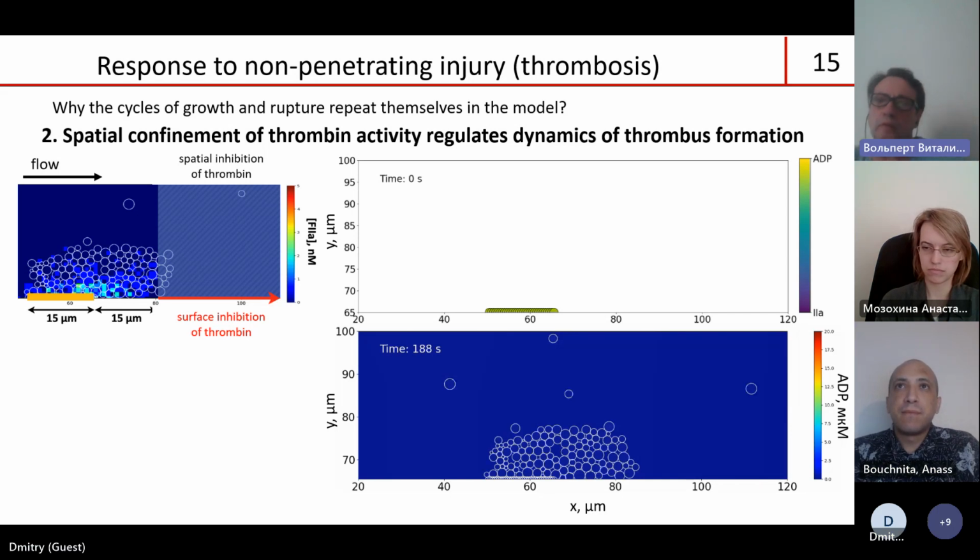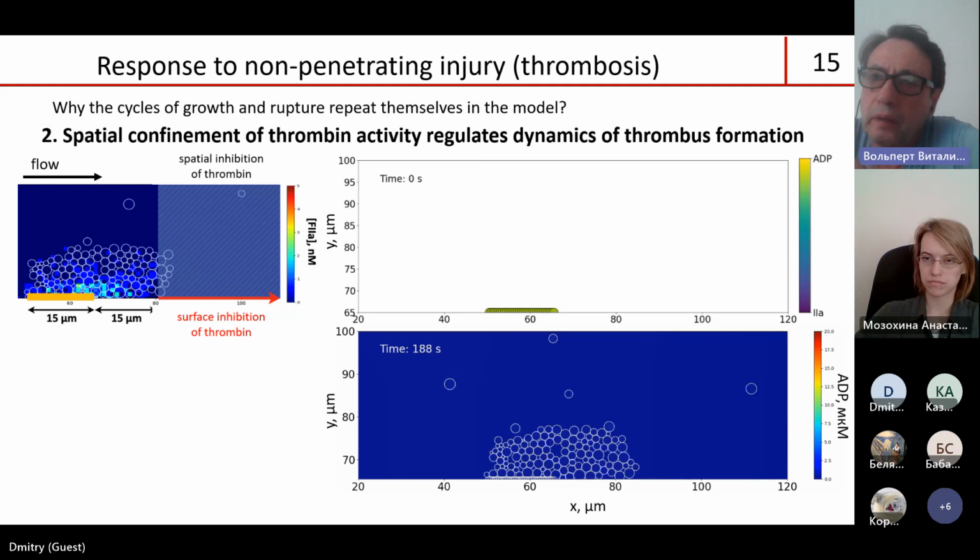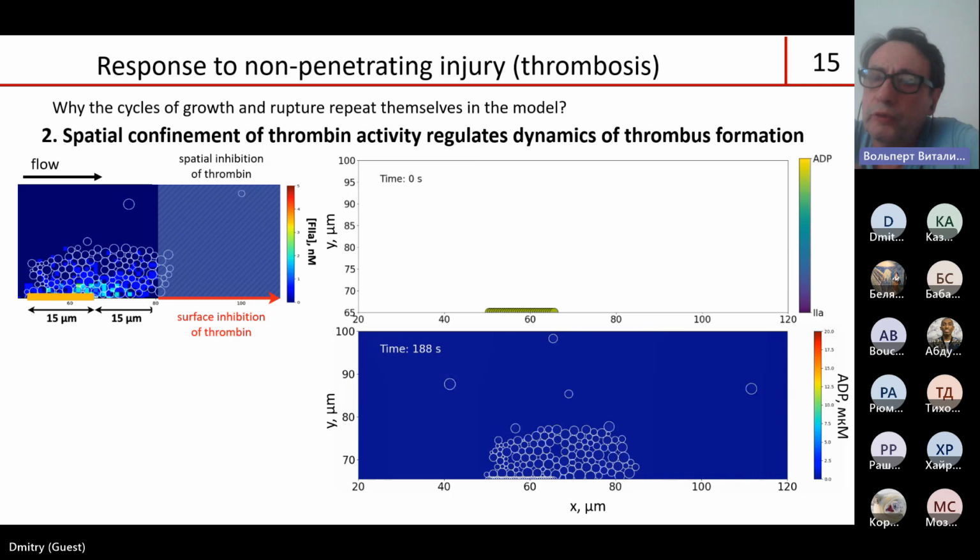No, but to complete this question, maybe I did not understand very well. The limitation or inhibition of thrombin also limits this granule production, right? This is what you assume. Yes. So we think that the flux of thrombin is constant over all the time that we modeled, from this yellow region. And here the confinement of thrombin activity with height is due to the flow inside the thrombus.